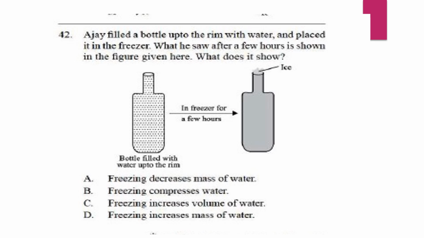That means option A, freezing decreases mass of water. Option B, freezing compresses water. C, freezing increases volume of water. Option D, freezing increases mass of water. And the right answer is option C, freezing increases volume of water.